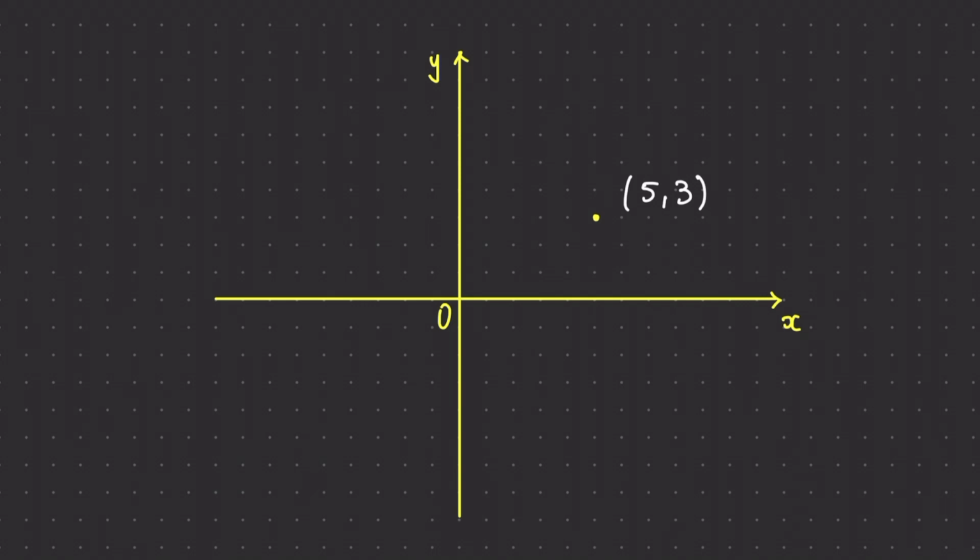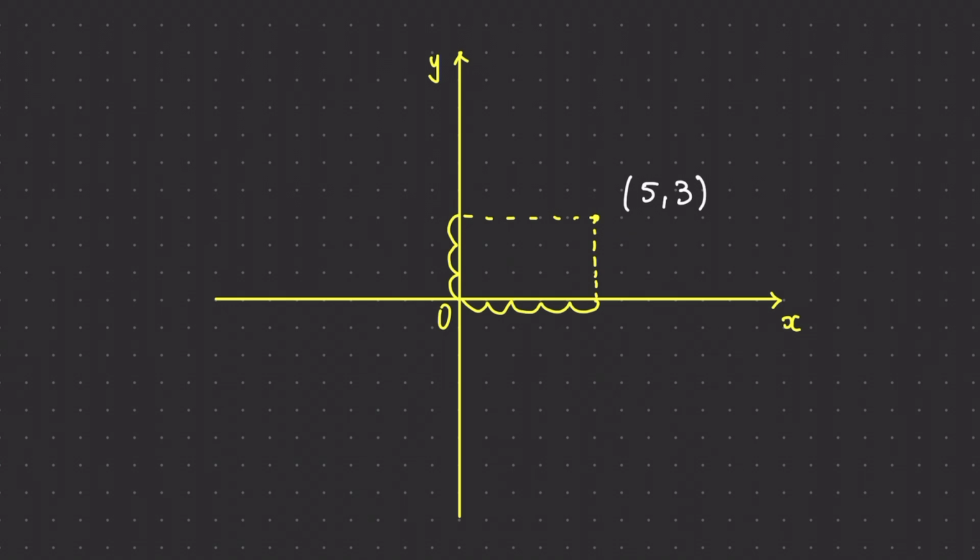Our first number here gives us the distance from the origin in the x direction, 1, 2, 3, 4, 5. And the second number gives us the distance from the origin in the y direction. You can see here 1, 2, and 3. So this is the coordinate of a point, and these coordinates, of course, can have positive or negative numbers.